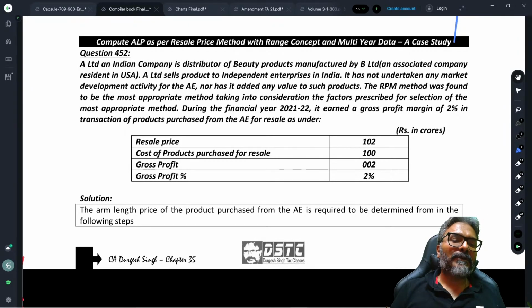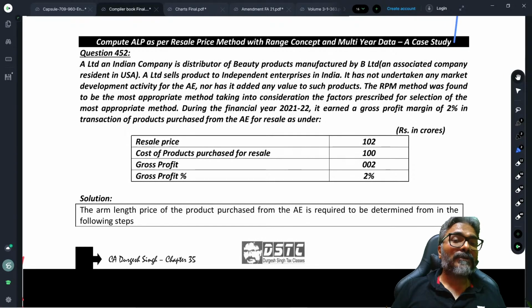Now further, please see. During the financial year 21-22, it earned a gross profit margin of 2% in transactions of product purchased from the AE for resale as under. Resale price is 102.